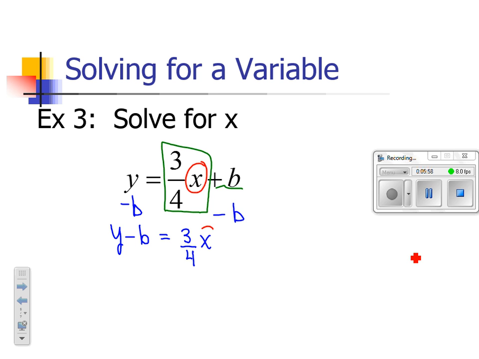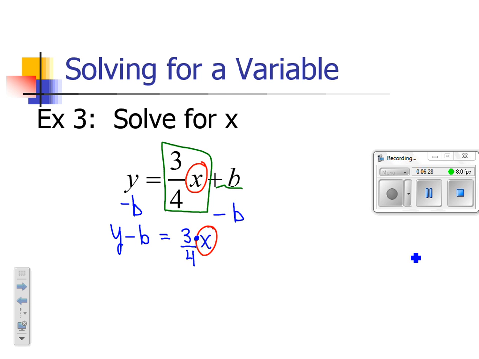My goal is still to get x alone. Now, I need to figure out what I would do with that 3/4. 3/4 is being multiplied by x, just like we talked about in earlier slides. So the opposite of multiplying would be to divide. However, if we were to divide by 3/4 x here, we would have a fraction within a fraction, and that's complicated.